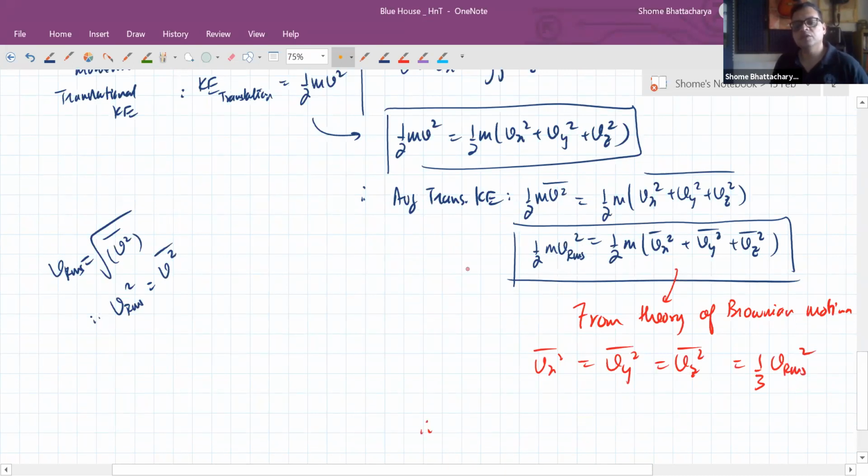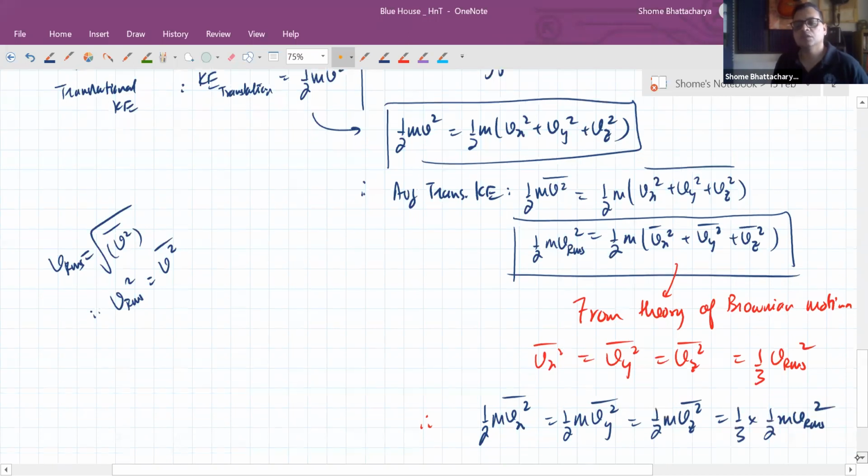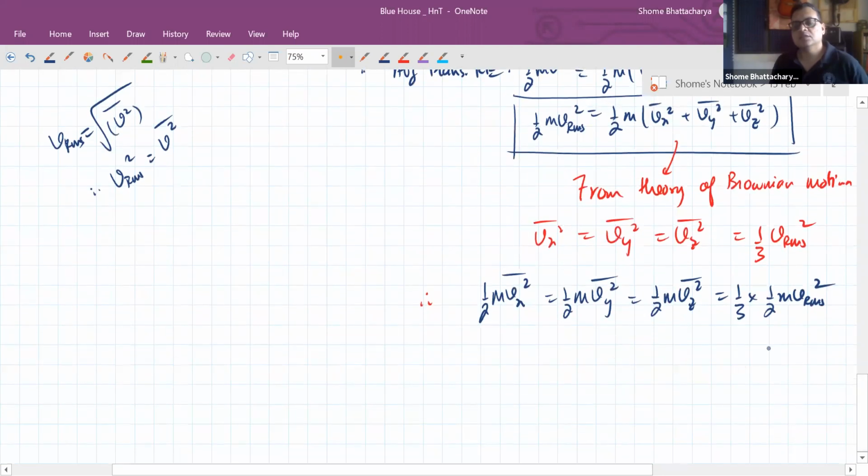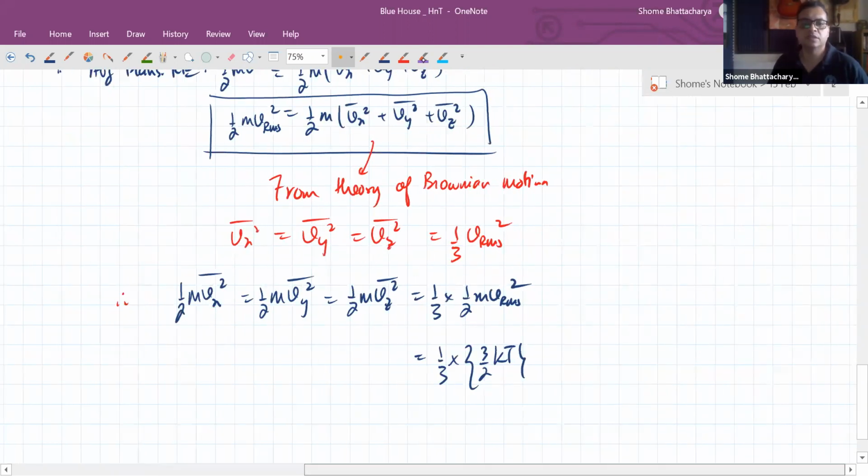So if we separately calculate half m vx squares average, it would be equal to half m vy squares average, equal to half m vz squares average, and that would be equal to 1/3 of half m vrms square. Further, from kinetic theory of gases, it would be 1/3 of 3 by 2 kT.